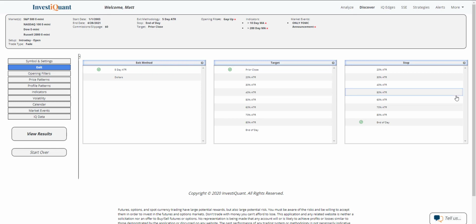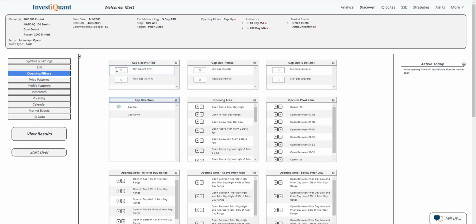And then I'm going to add a stop to it. You can pick whatever you want, but I'm just going to pick 40% of the 5-day ATR as a stop. And for reference, 40% of the 5-day ATR right now is about 16 points in the ES. The 5-day ATR there is about 40 points. And then lastly, I'm going to make this a little bit more specific to the open because I want to get rid of any gaps that may be flat, meaning you're opening right at the prior day close.